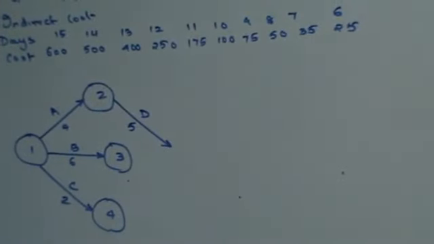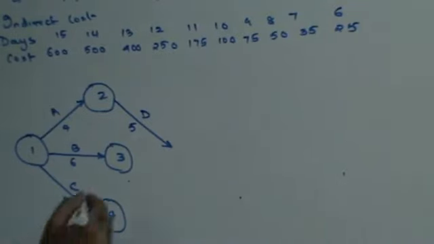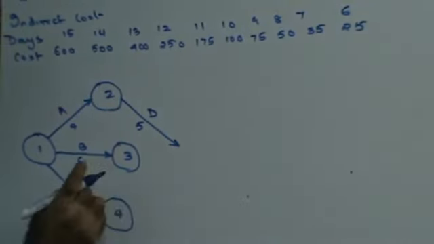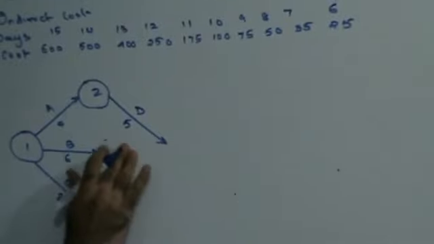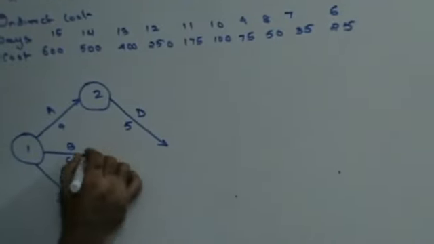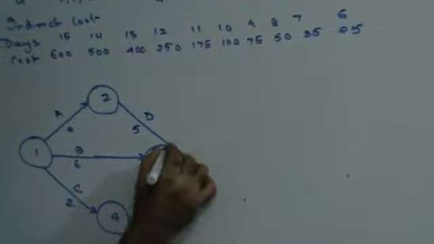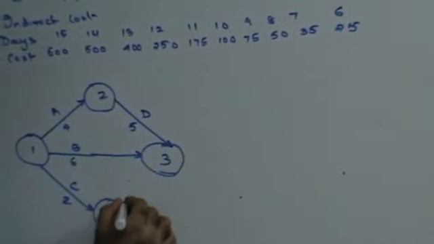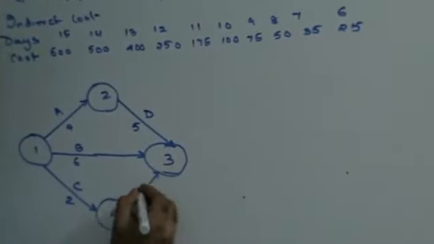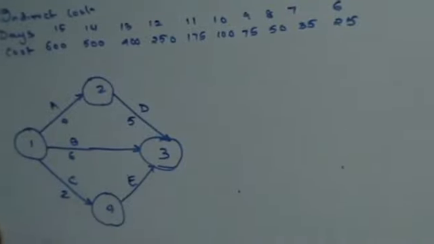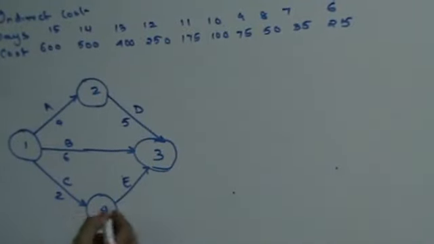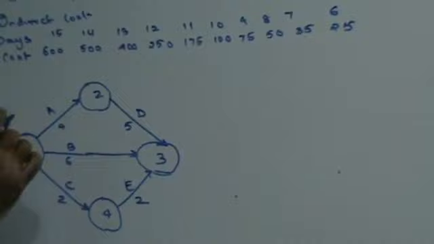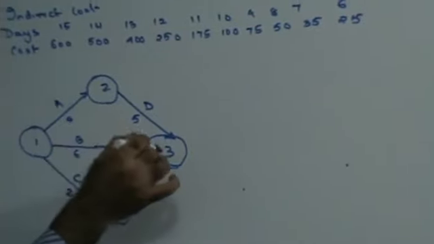Right? From C you go to E. So in that case this should come here. From C you go to E which is of 2 days. Right? Now how did I know that this has to come here?